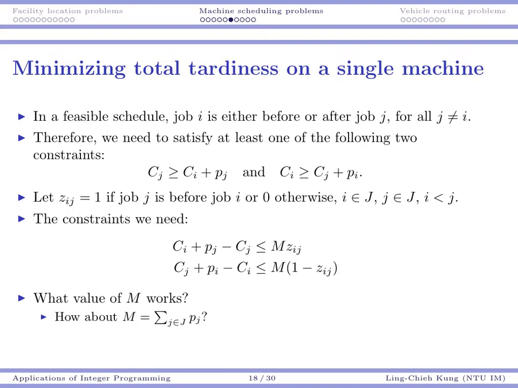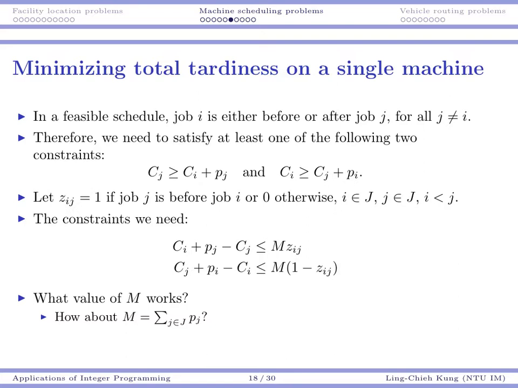So let's use Zij as a binary variable to control the selection of these two. You can see this is a very familiar either-or constraint with a binary variable. We say Zij is 1 if job J is before job I, or 0 otherwise, with these two constraints.